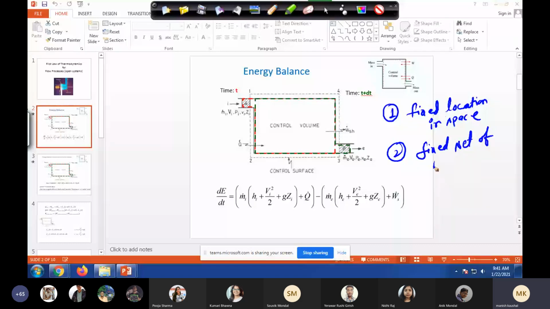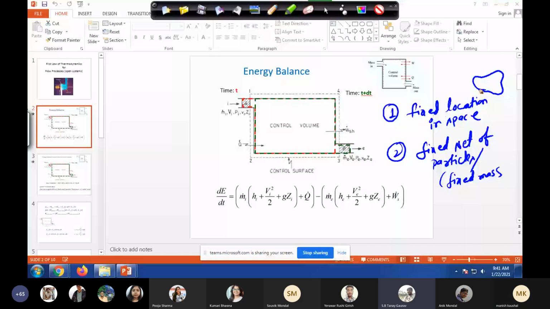Tanay, Gaurav, what do you think? Which one is easier for us? When I say fixed location in space, it means it can be a bounded area or bounded volume, which is fixed. What do you think, Tanay?